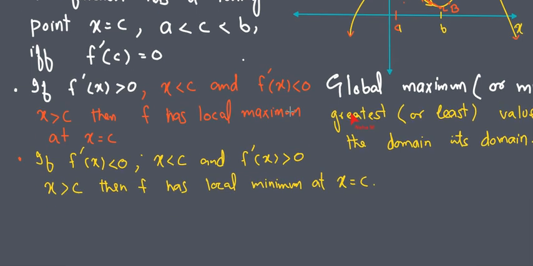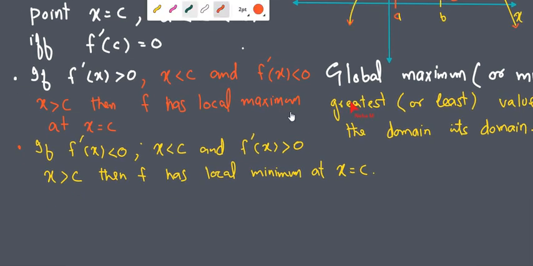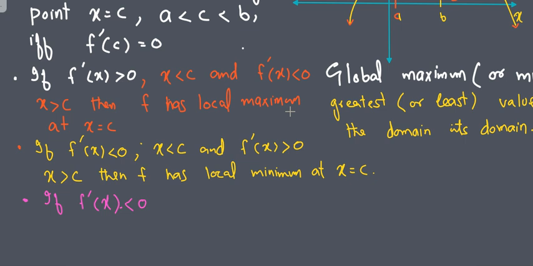So what we will say about the decreasing function is that if f prime of x is less than 0 for all x in the interval, from one turning point to another turning point, or maybe from the starting point to another point.